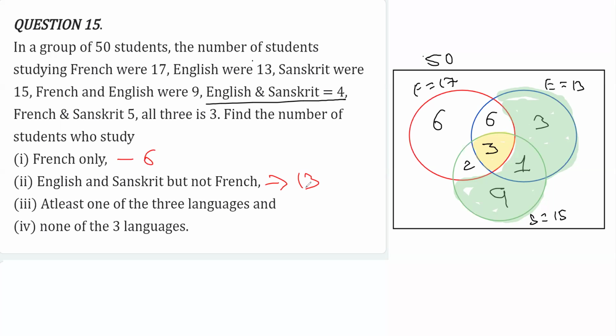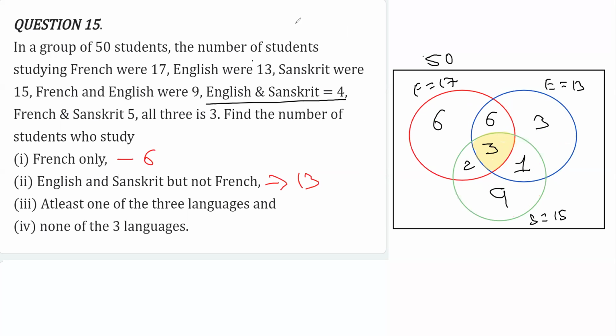Now the next part, the third part, says at least one of the three languages. So any of these three, that means this will include all these regions. At least one means either one, two, or all three.